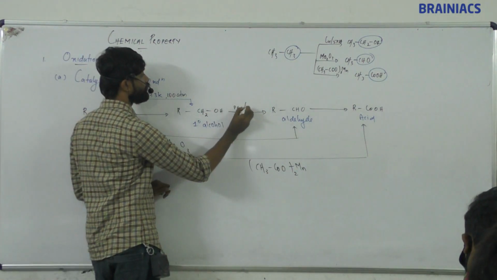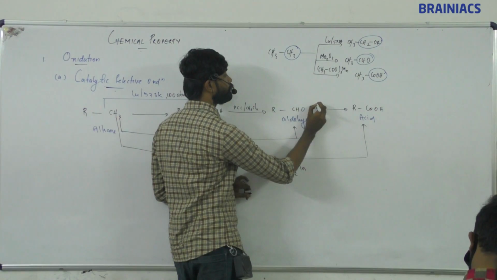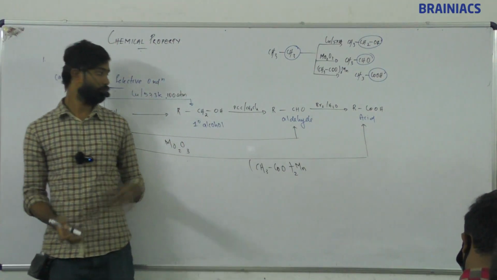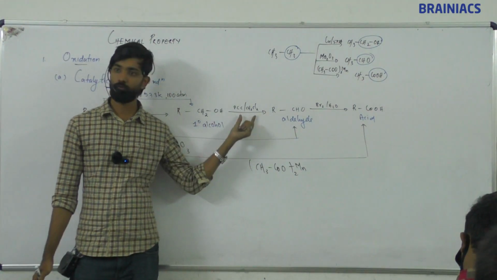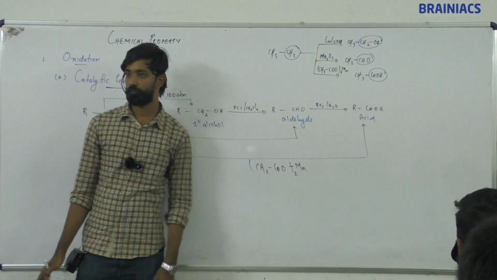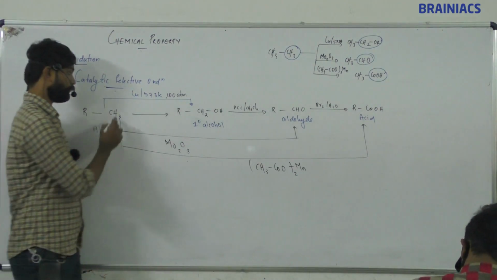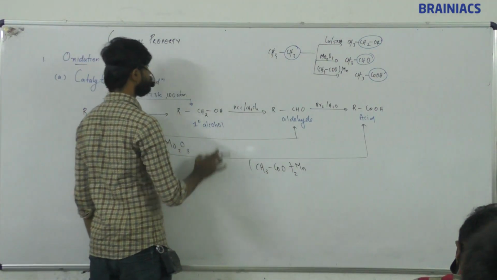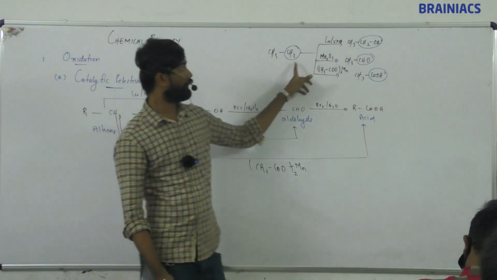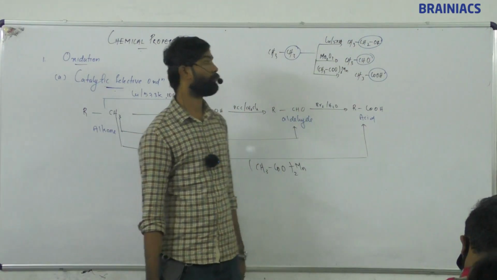The reagents for alcohol to aldehyde are PCC and dichloramide, and for aldehyde to acid, bromine water, which will be discussed in alcohol and aldehyde. Questions may be like this: depending on the catalyst, you get the product.